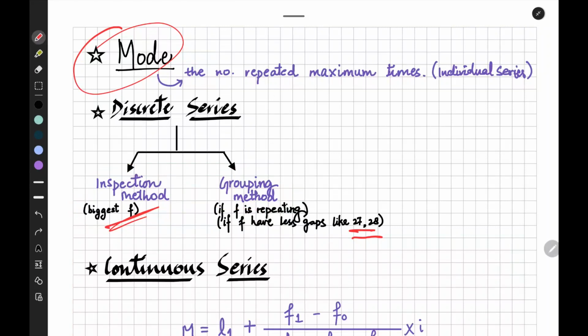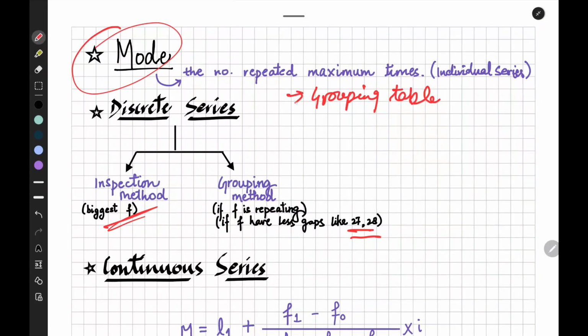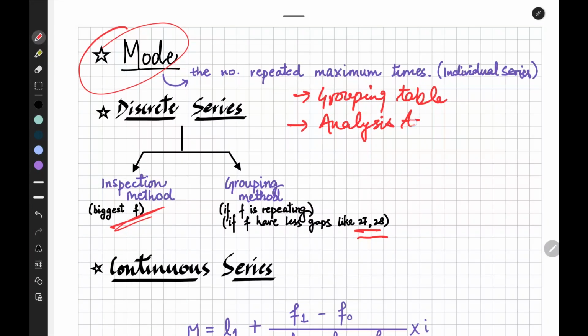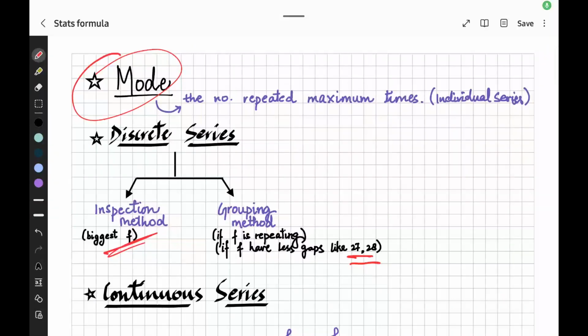In the grouping method, we have to make a grouping table first, and then we make an analysis table. So we make these tables and then we calculate our mode. Take an example of the grouping method.